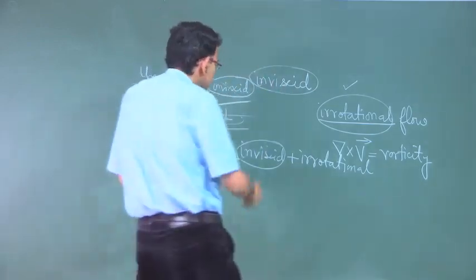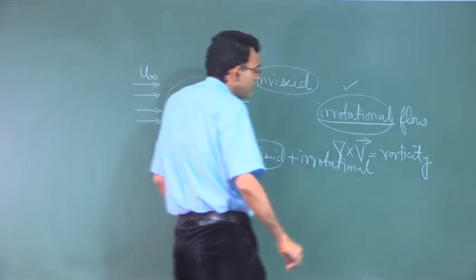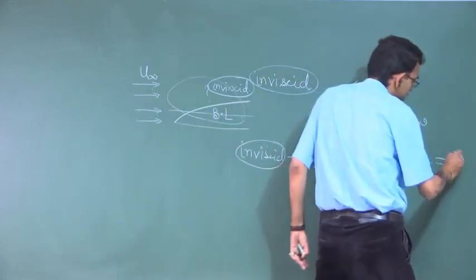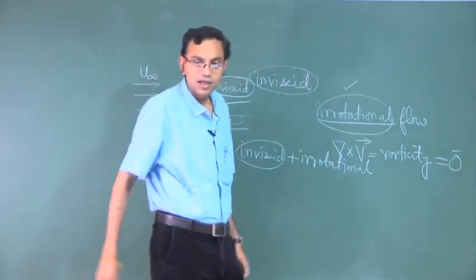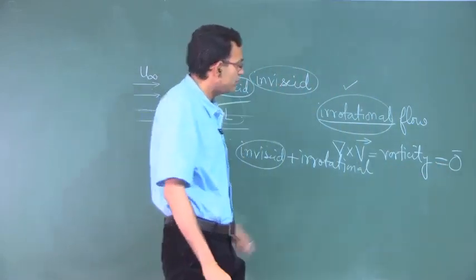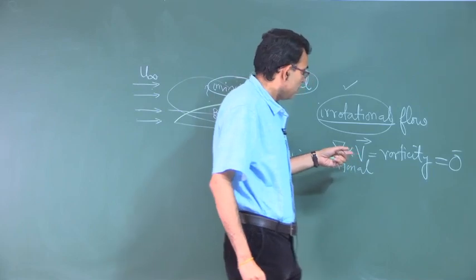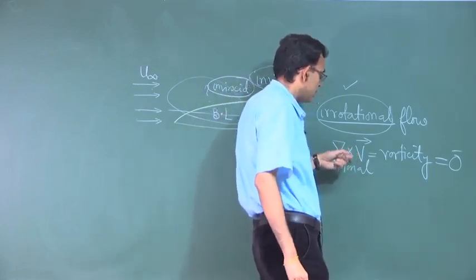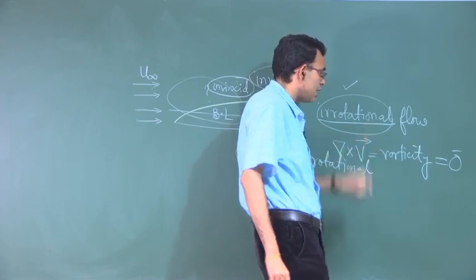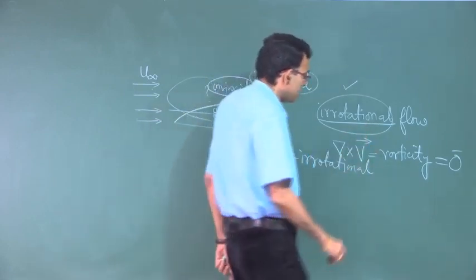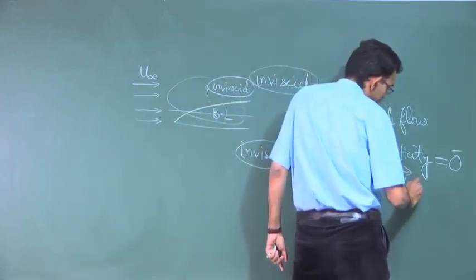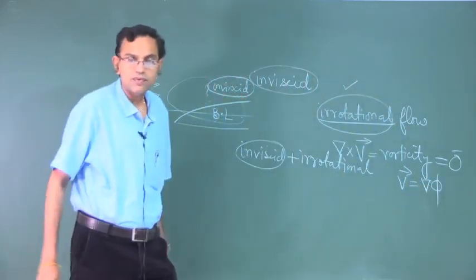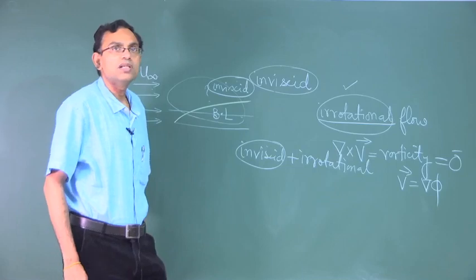So, inviscid plus irrotational flow means that the curl of velocity is a null vector at all locations, and in that scenario, if the curl of a vector is a null vector, we can express this vector as the gradient of a scalar potential phi.